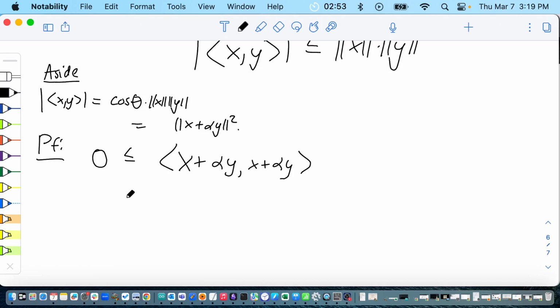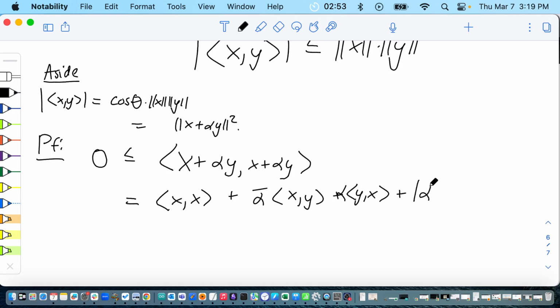So let's do it. This is essentially exactly what I had you do in the warm-up problem. That was the case alpha equals -3. Now we're in the case of any alpha. But by the same thing as before, you expand it out, and you've got to watch out for bars: xy plus alpha yx plus the absolute value of alpha squared, yy.